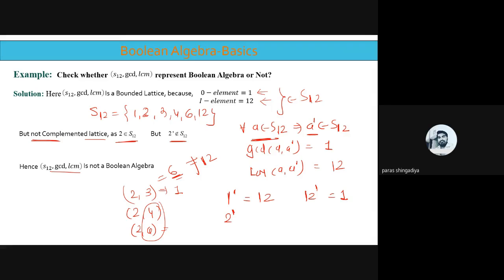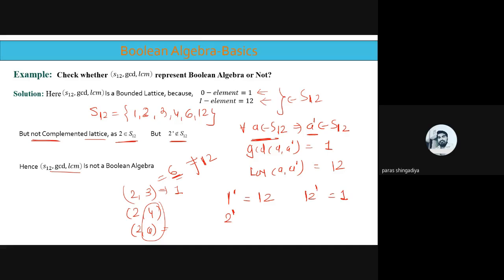Here the zero element is equal to 1. Clear? So for this case you can directly observe that it is not a Boolean algebra. Because when we consider the pair of 2 with 3, 4 and 6, we cannot prove the GCD is equal to 1, otherwise the LCM will be 12.